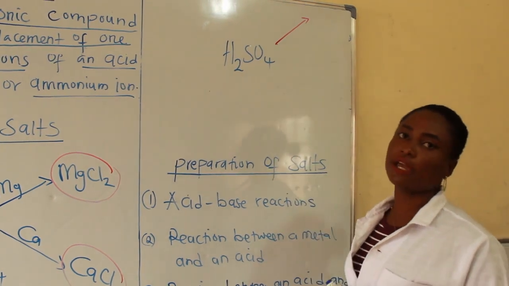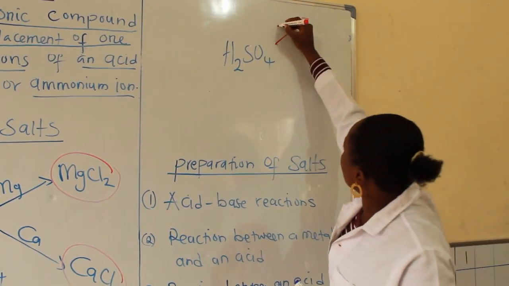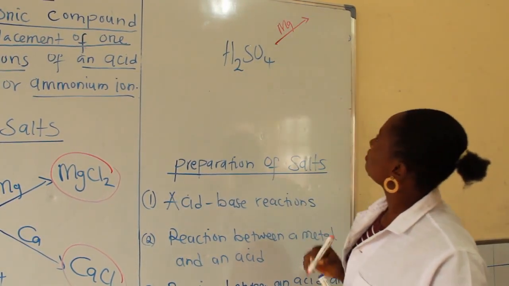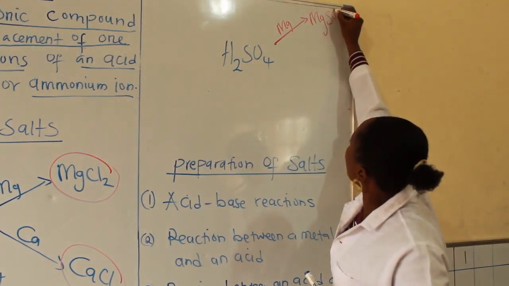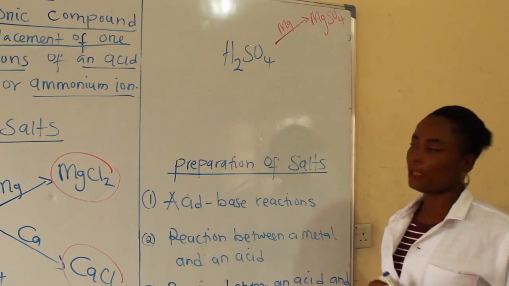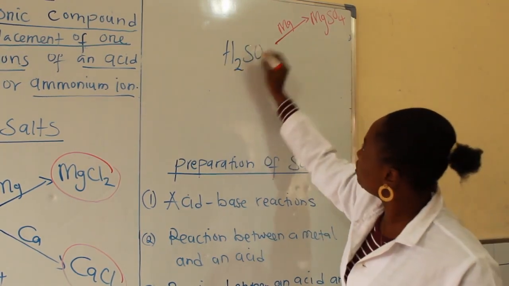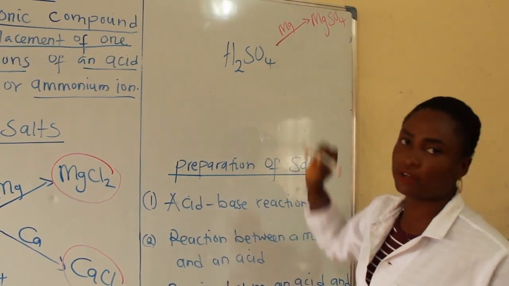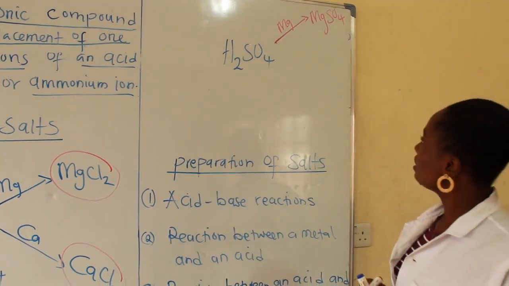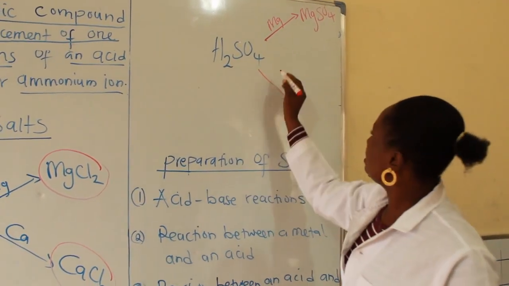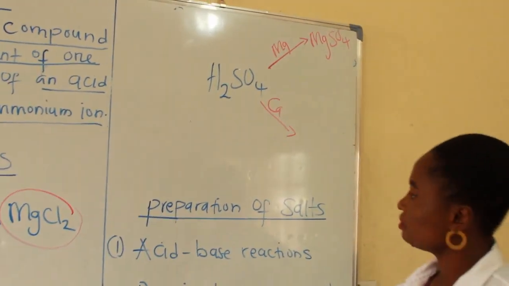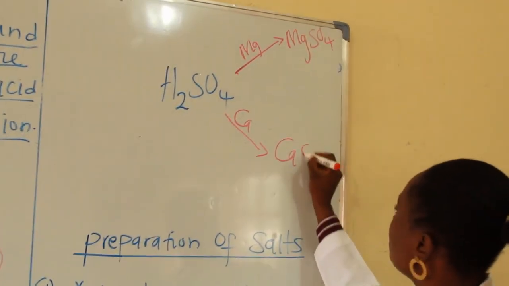Changing the hydrogen here by adding magnesium, you have magnesium sulfate. So you change this hydrogen by magnesium, you have magnesium sulfate. It still retains this part of the acid. Now we can also change it by adding calcium. You form calcium sulfate.